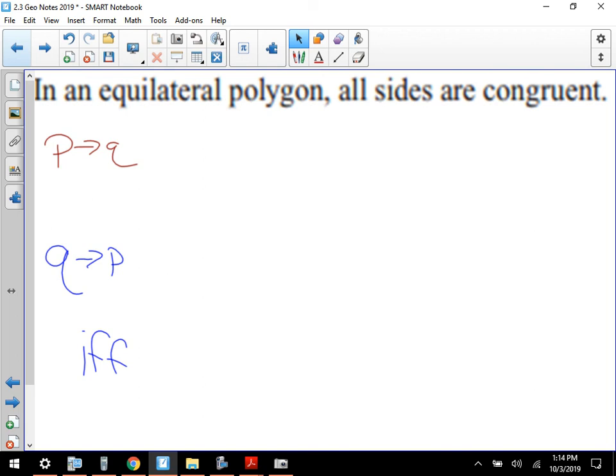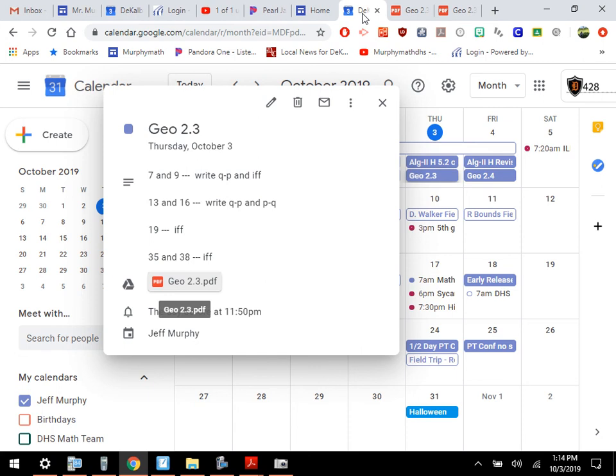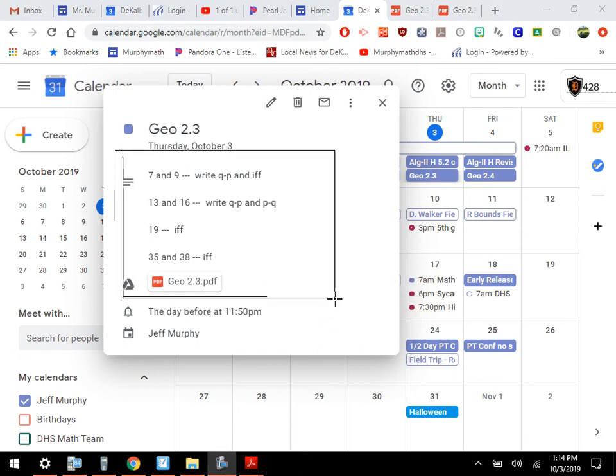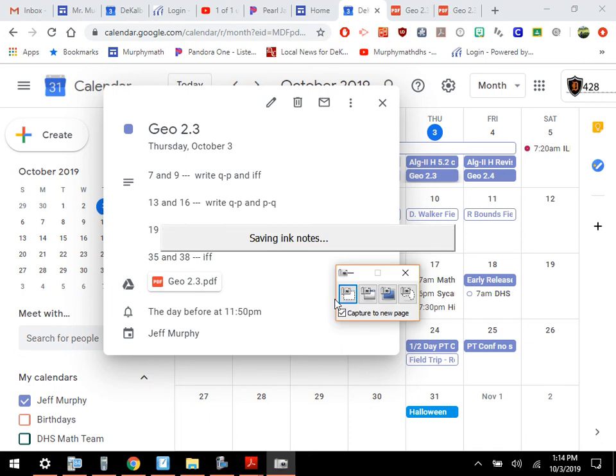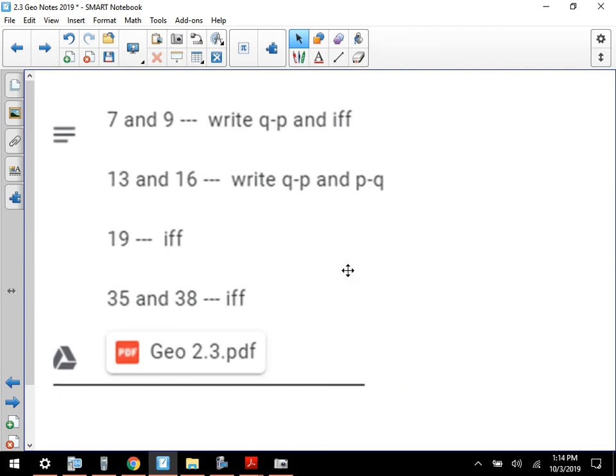Now, the homework stuff that I want you guys to do, I want to explain some of the instructions that I put on the calendar. Let me re-explain this to you while you're all here. On numbers 7 and 9, you are given a statement.